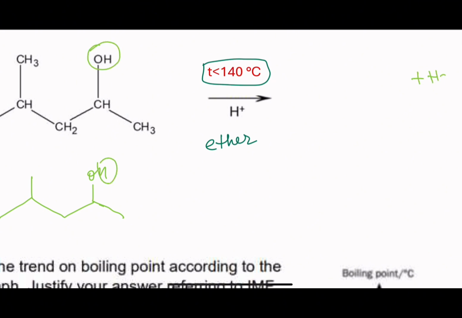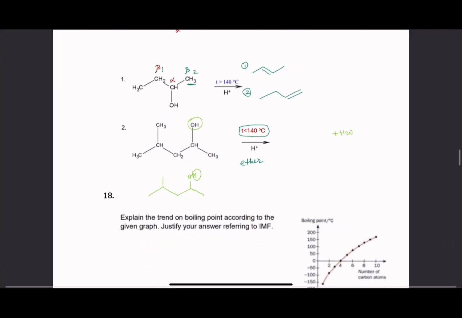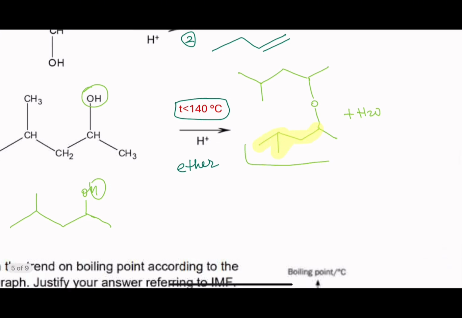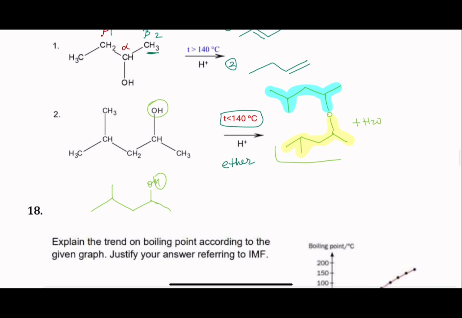So water is the product, and then I can make it like that. And then, this is the ether we had. This portion is coming from one of them, while this portion is coming from the other. That's how you make the ether.